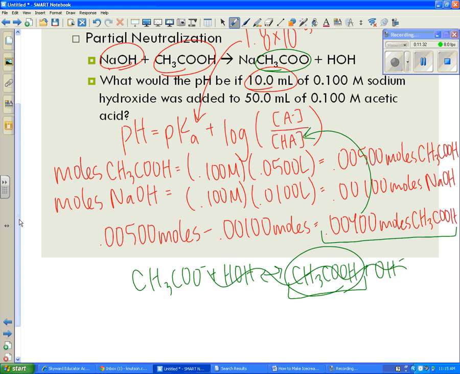Okay, so now we just have to figure out the negative ion piece. Well, we just said that 0.00100 moles of this reacts. If the acid forms a salt in a 1-to-1 ratio, how much of the negative ion will form? 0.00100 moles of the negative ion will form.